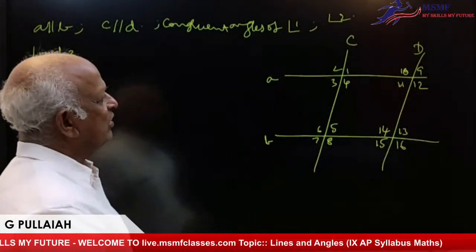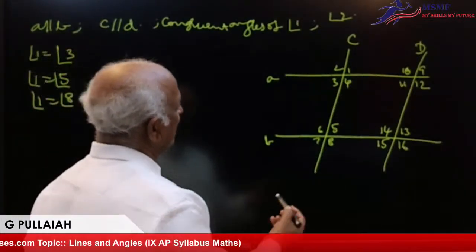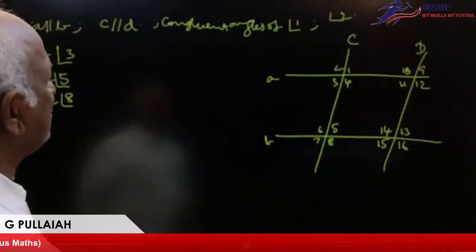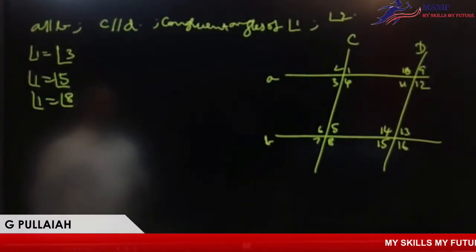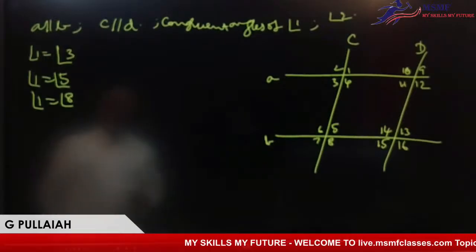Okay. So now similarly, here it is given that angle 1 is equal to angle 3, angle 1 is equal to angle 5.